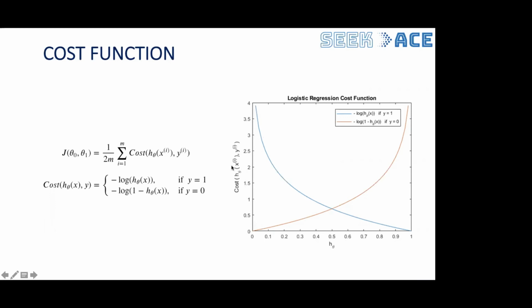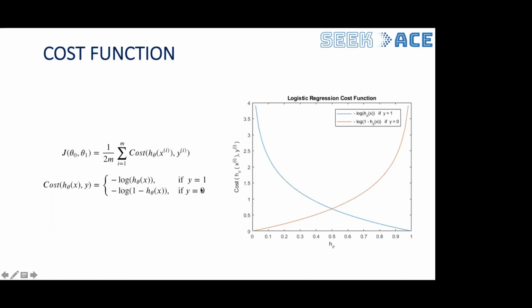When the actual value of y is 1 and we are predicting h theta as 0, then our cost will be very high. So this top function will be plotted like this. And if the actual y is 0 and we predict h theta x is 1, then 1 minus 1 will be 0, and log 0 will give a very high cost.